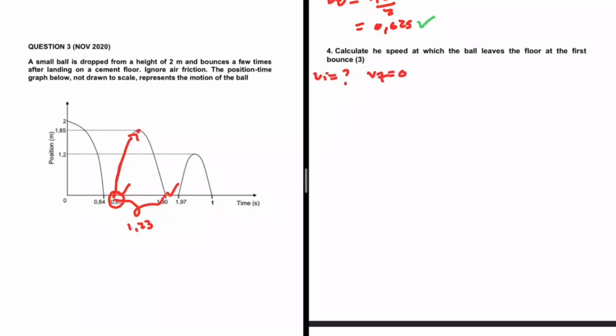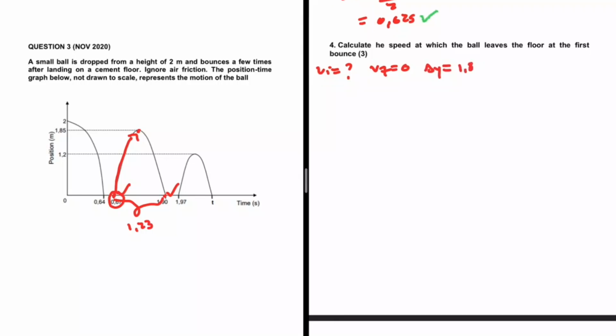VF is equal to 0 at the maximum height. Delta Y is the displacement, which is 1.85 meters, as you can clearly see right here. The acceleration obviously is 9.8 meters per second squared downwards.